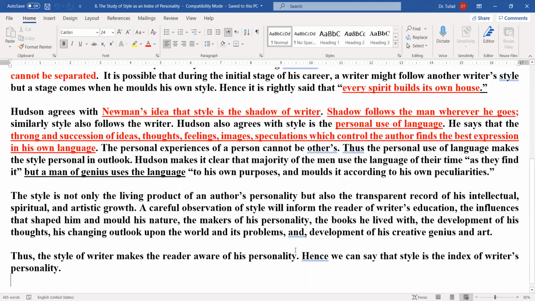The way they mold and change this language becomes a special quality of that writer. They put it in a way that becomes quite unique and different from other people. So style is not only the living product of the artist's personality, but also the transparent record of his intellectual, spiritual, artistic growth.